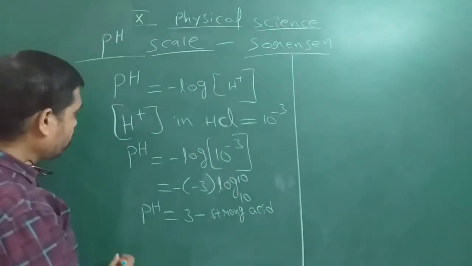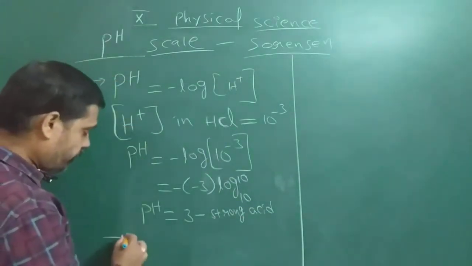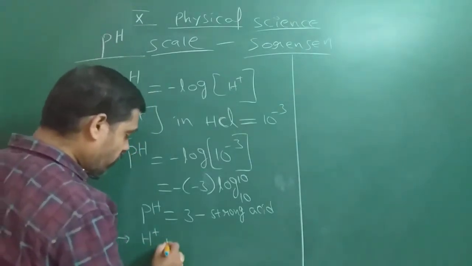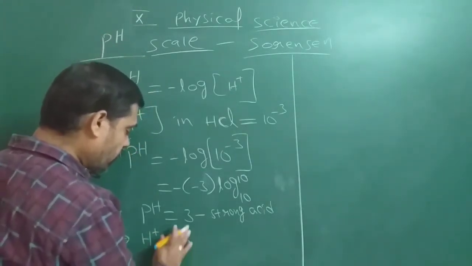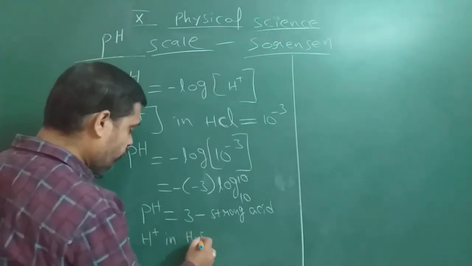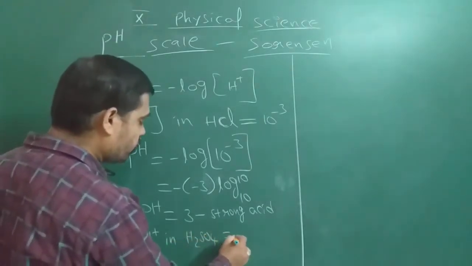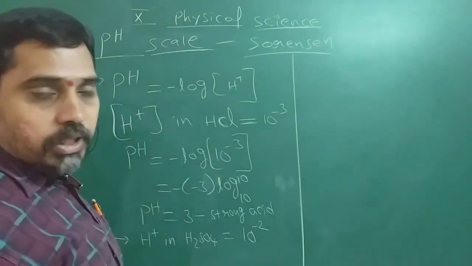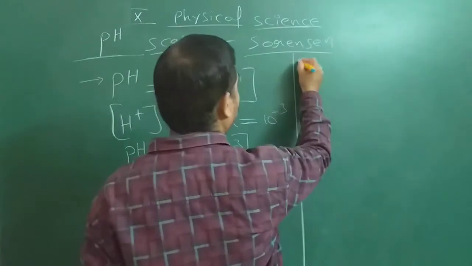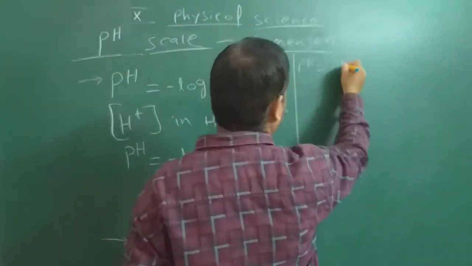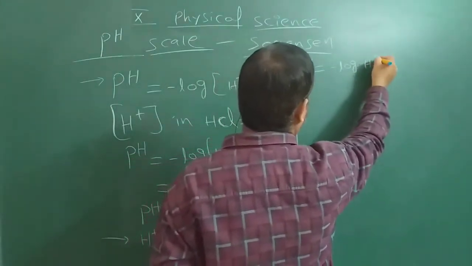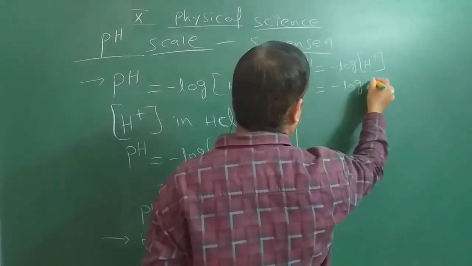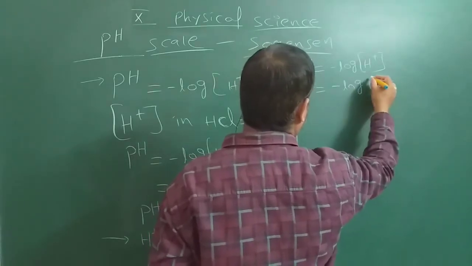If the H plus ion concentration in sulfuric acid, H2SO4, is, let us think, 10 power minus 2. Then the pH value is equal to minus logarithm of H plus ion concentration, that is minus log of 10 power minus 2.